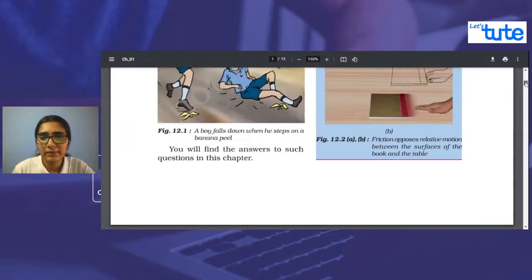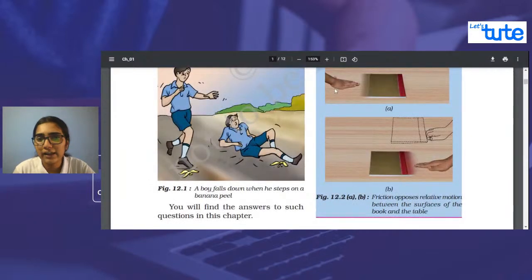There is an experiment given here where they are trying to apply force on the book. First, they apply force from the left hand side. When you're pushing a book, you understand that there is a force acting in the opposite direction. So if you are pushing the book from left, the frictional force acts from right, and vice versa. If you are pushing the book from right, the frictional force acts from left.